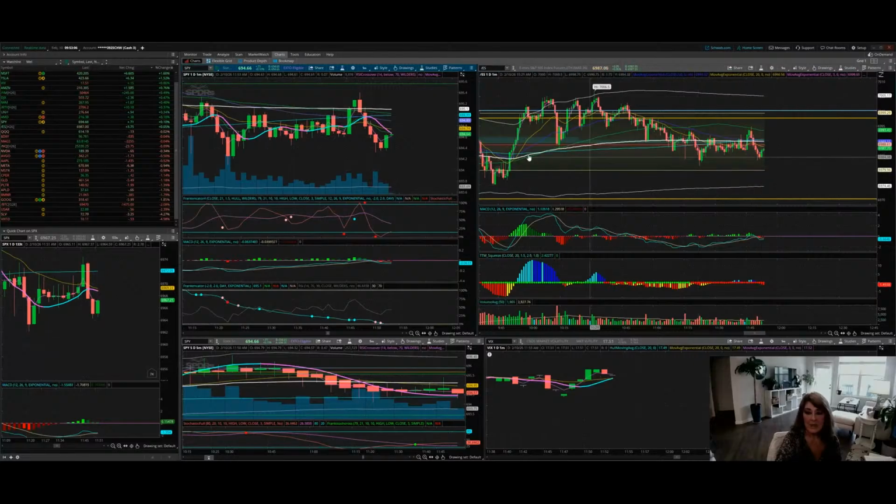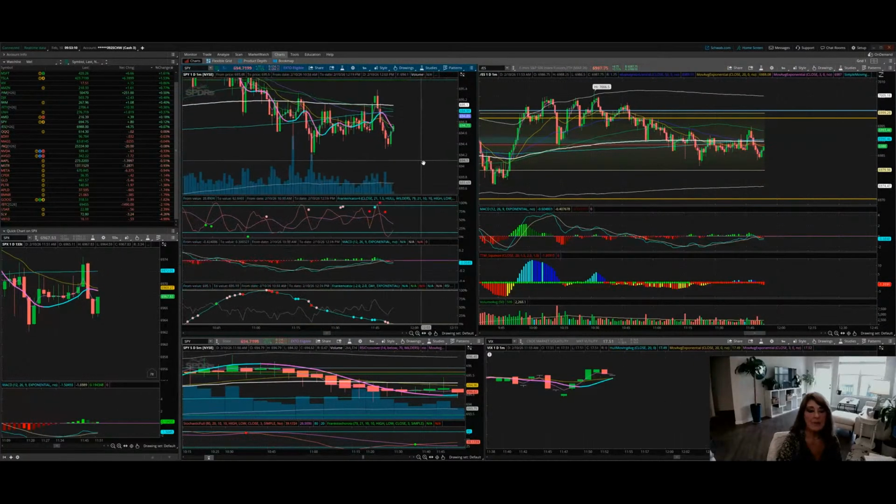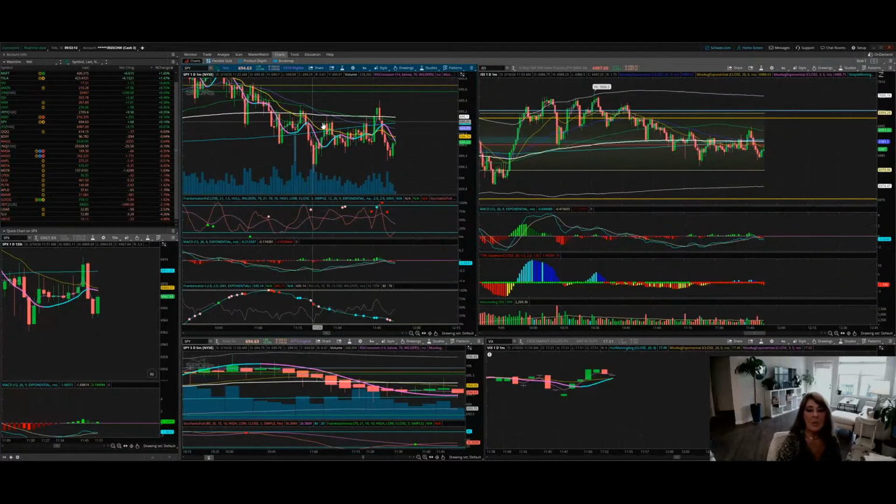All right. So we keep kind of rejecting this VWAP here. Let's zoom out a little bit, and you can see we keep kind of rejecting the VWAP in here. We've tried a couple of times here, a little bit here, here, and here to recapture the VWAP, and we just haven't been able to. Same with the 200. The 200 is rising, and the VWAP is kind of slowly dropping.